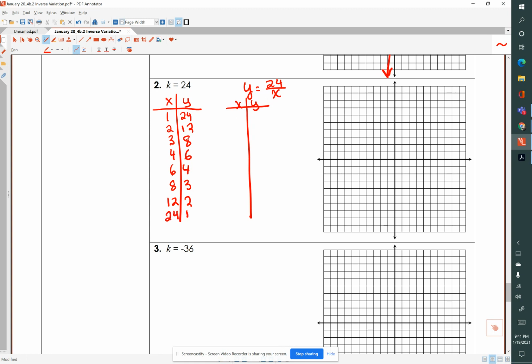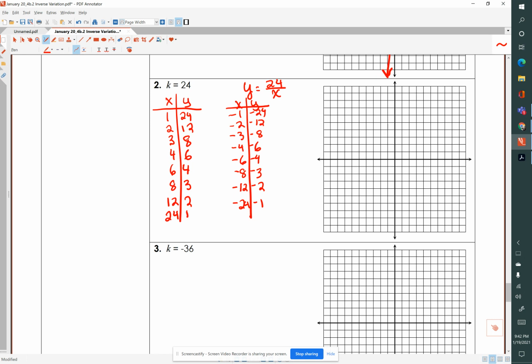On the negative side, we have negative 1 times negative 24, negative 2 times negative 12, negative 3 times negative 8, negative 4 times negative 6, negative 6 times negative 4, negative 8 times negative 3, negative 12 times negative 2, and negative 24 times negative 1.